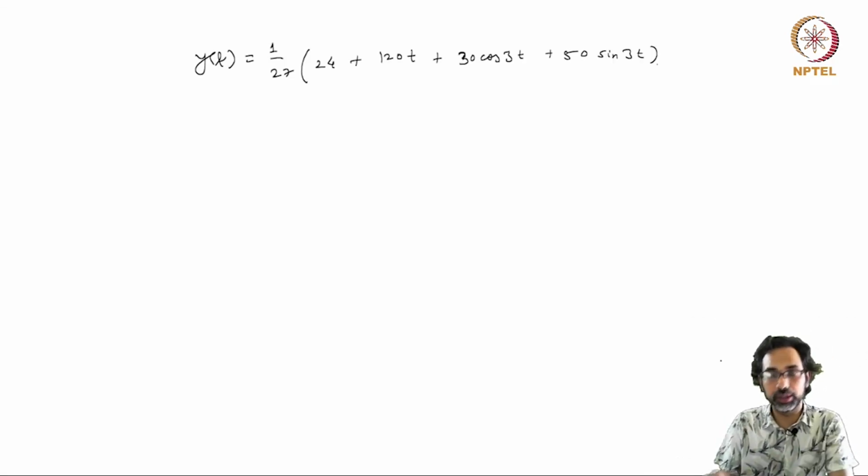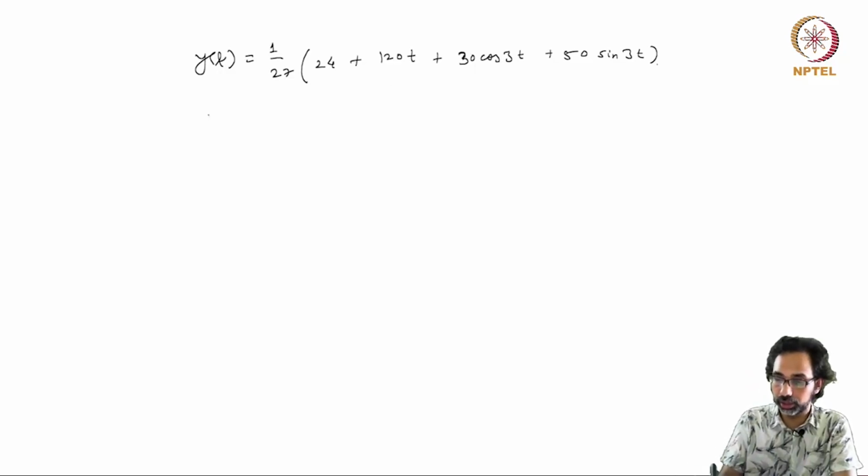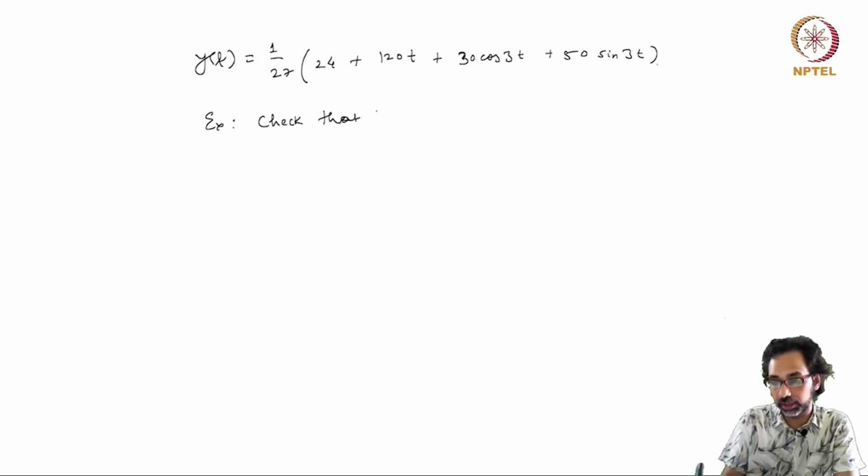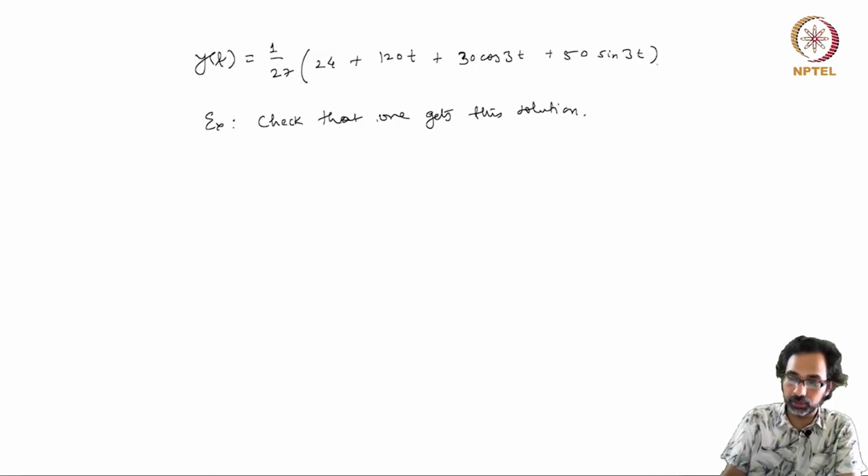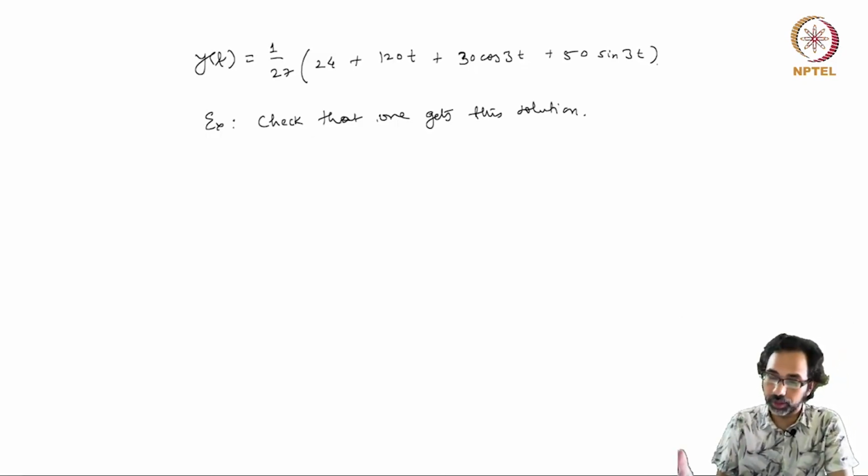As an exercise, check that you get this solution. So in this way we can also attack integro-differential equations using the same method as we have done for ordinary differential equations and integral equations.